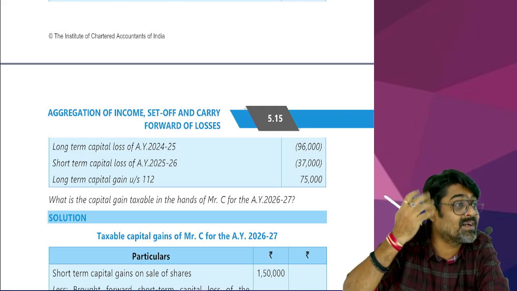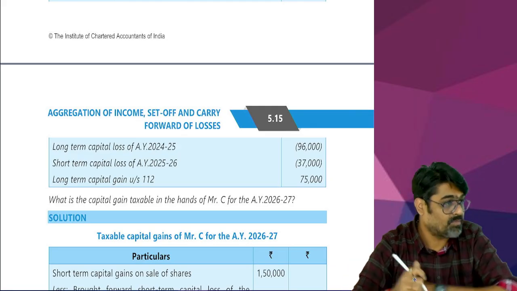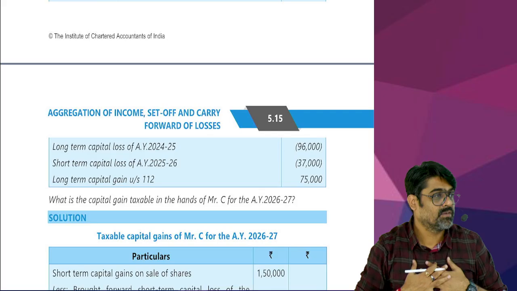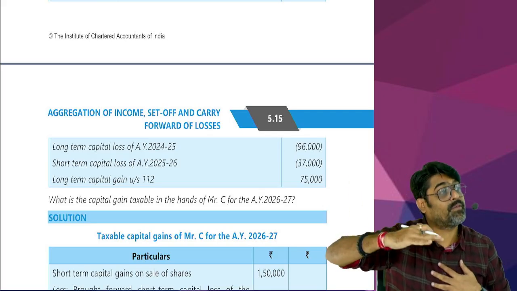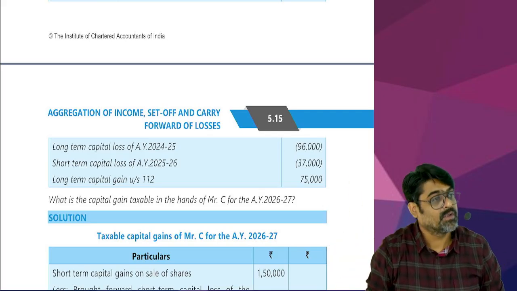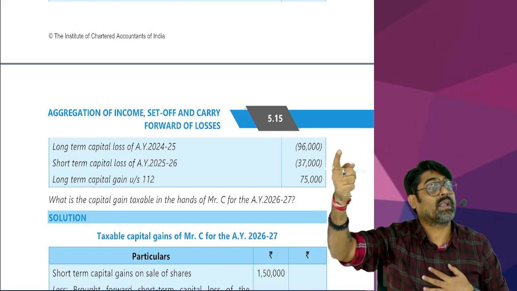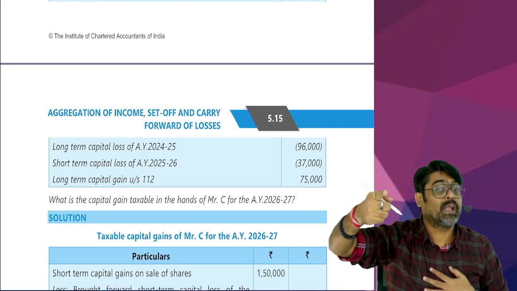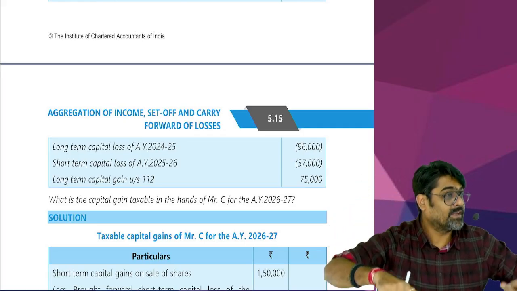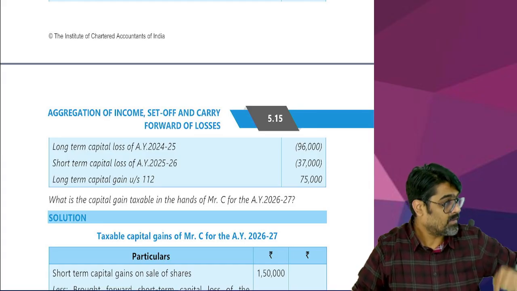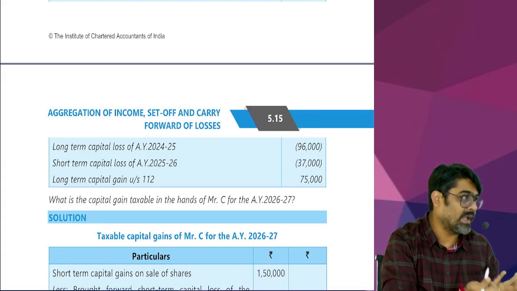23-24, previous year. So if my previous year is 25-26, the loss of 23-24 can come in my previous year, yes. The loss of previous year 23-24 was carried forward for the first time in previous year 24-25. And this is the second year, 25-26. In that year, the long-term loss can carry forward.